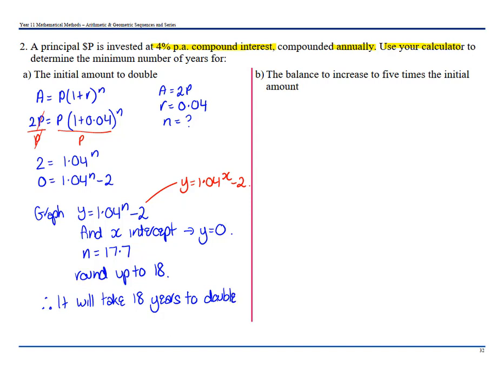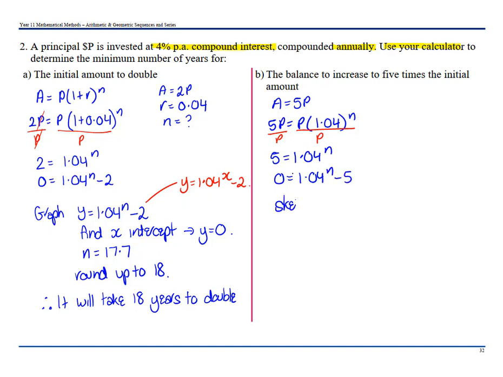Okay, next, the balance to increase to 5 times the initial amount. Pause the video, have a go yourself. This is that A equals 5P, the same process though. So 5P equals P times 1.04 to the n, divide both sides by P. 5 equals 1.04 to the n, so 0 equals 1.04 to the n minus 5.